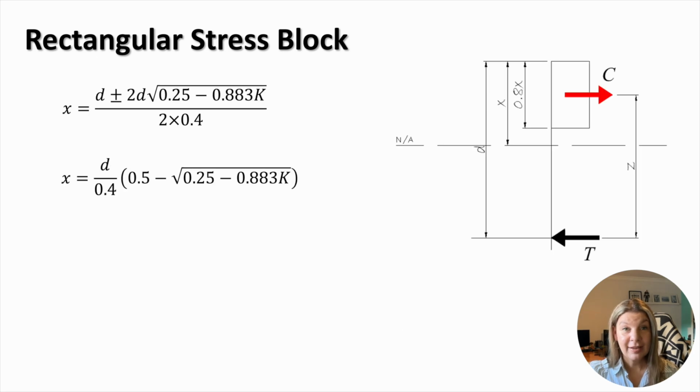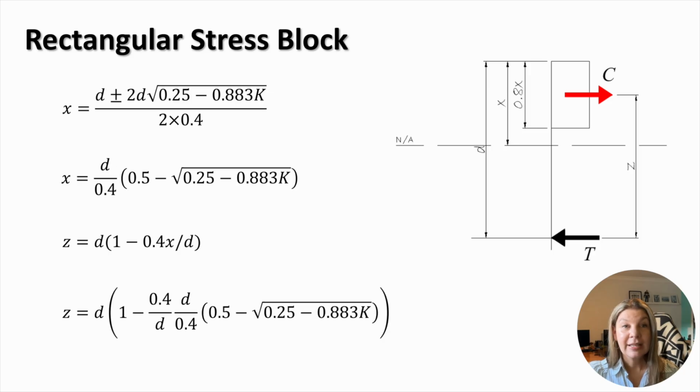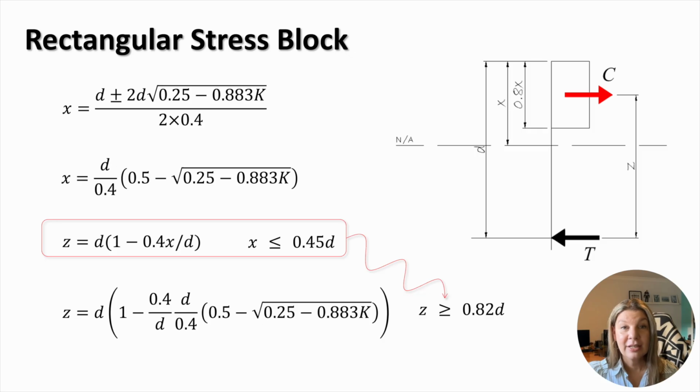This expression for x can be further rearranged into this. Substituting the expression for x into z equals d, brackets, 1 minus 0.4x over d, leads to the following expression for z, and considering that x is limited to 0.45d, it leads to the condition that z should be larger than 0.82d.